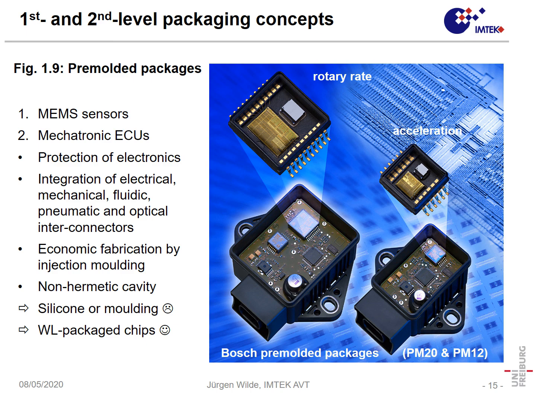So now I already mentioned first level and second level packaging. I could show it to you on a sensor concept. For instance, we have an acceleration sensor or a rotary rate sensor. That's an image by Bosch company, and on the inside it has some micro-mechanical structure.